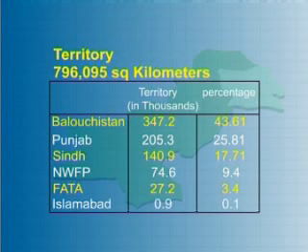The capital city, Islamabad, is administratively a distinct or separate entity, and Islamabad comprises 0.9 thousand square kilometers, and this comes to 0.1% of Pakistan's territory.